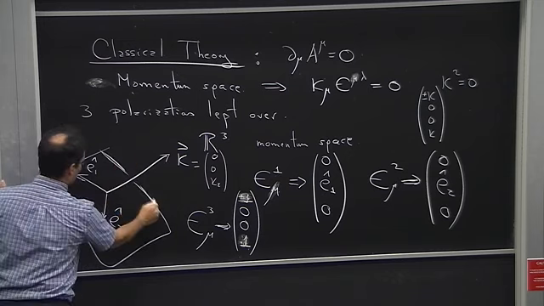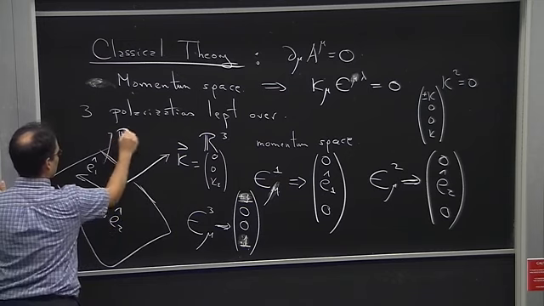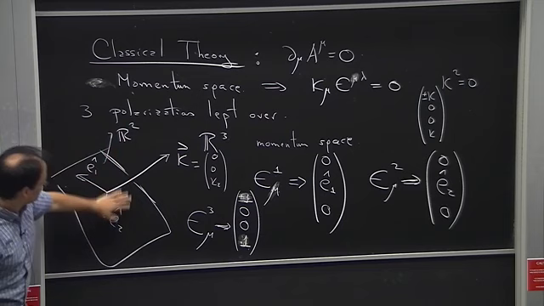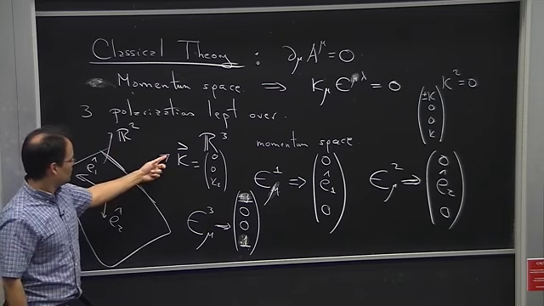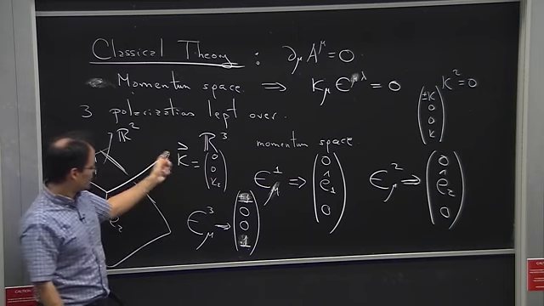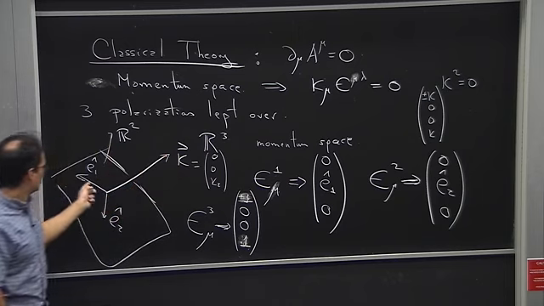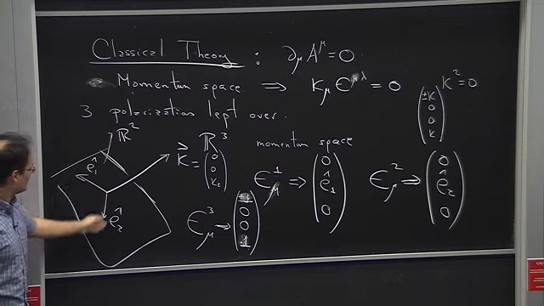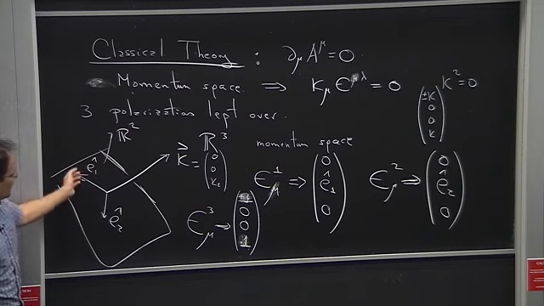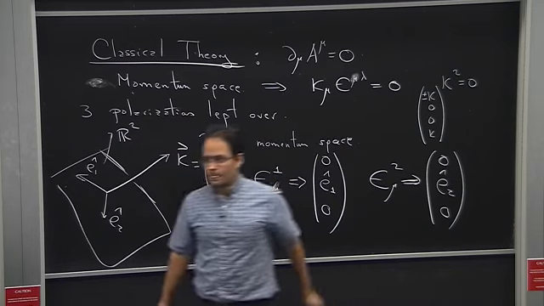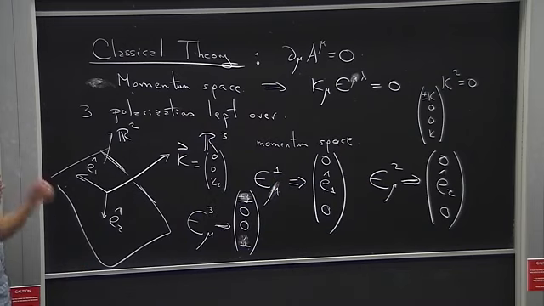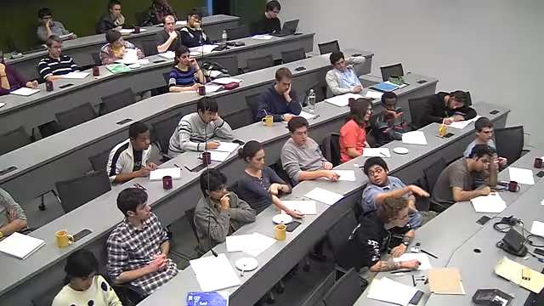So this is a two-dimensional plane, an R2 inside R3, which is chosen to be orthogonal to this direction, which by convenience I'm choosing to be the z direction. So these guys are the x and the y axis in momentum space, and these are two vectors, any two vectors there. These are two component vectors, so it's 1, 0, and 0.